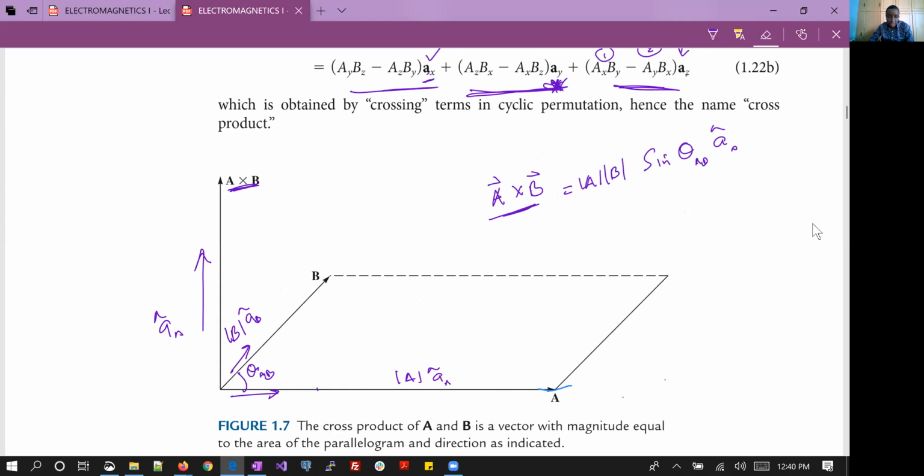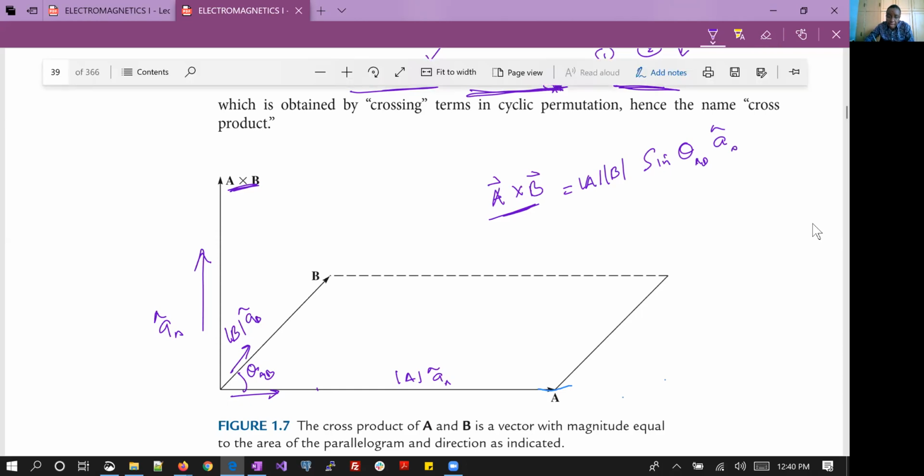I'm simply saying that this is A and this is B. Join them tail to tail. They make an angle theta between A and B. And we are saying that A cross B is equal to the magnitude of A times the magnitude of B, then sine of the angle there.